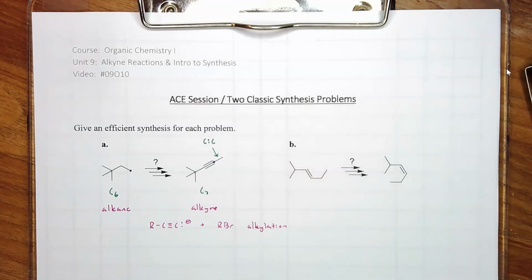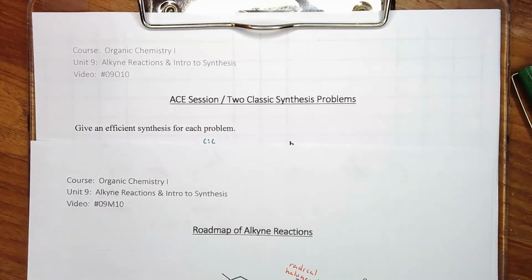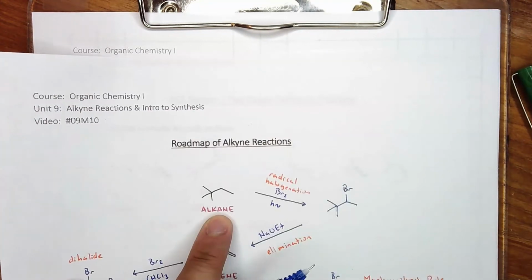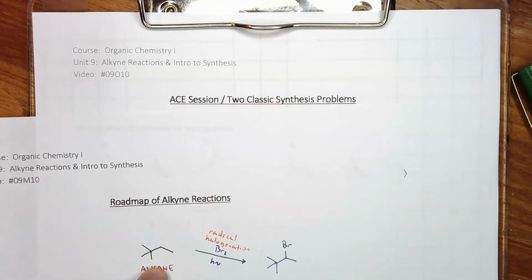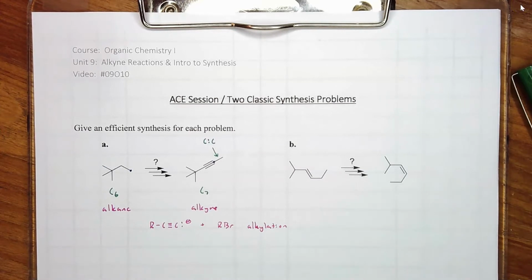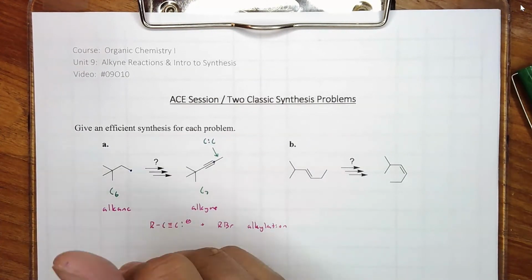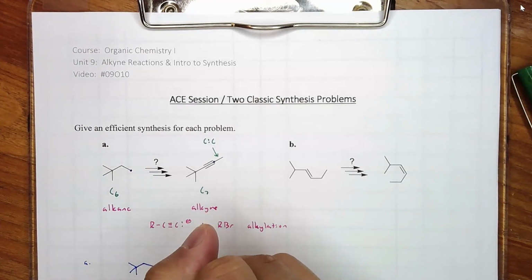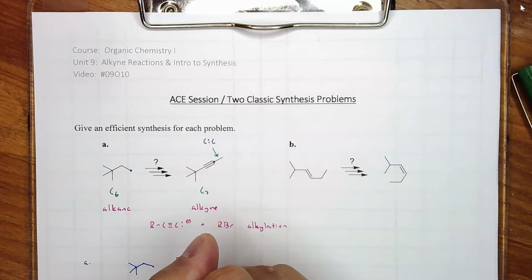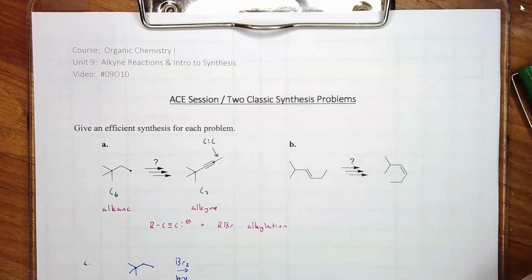Okay, why don't we get started? I think we all know what the first reaction should be. This one right here. Oh, it's the same actually. It's the same starting material. Anyway, this is for problem A. Now, when I look at my students' exams, many times I could tell that they know the strategy or they know approximately what to do.